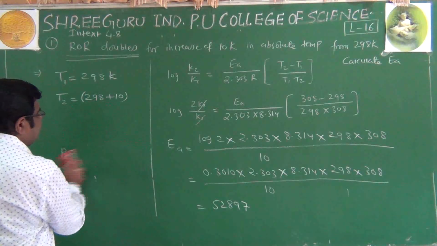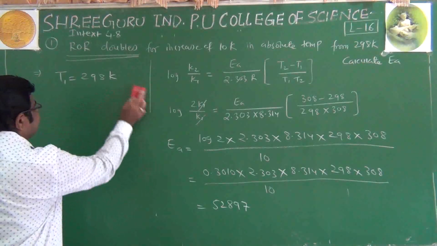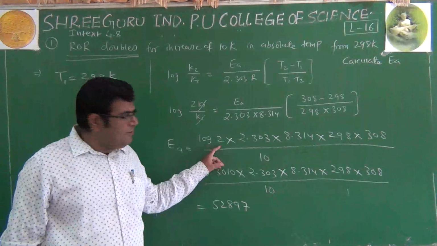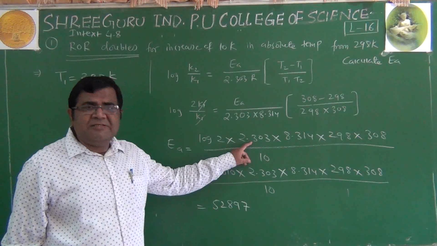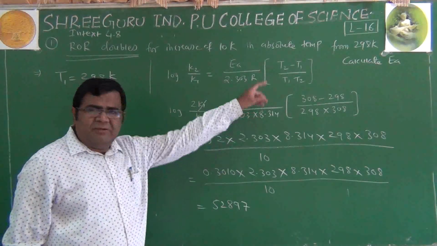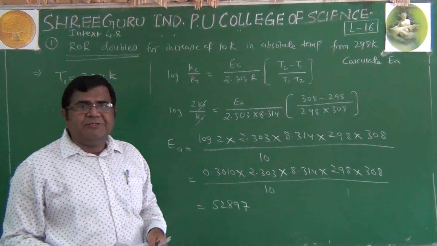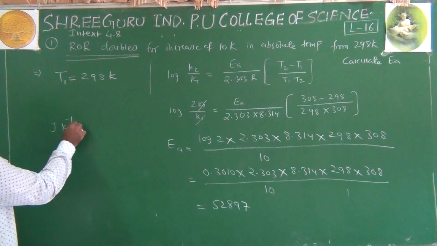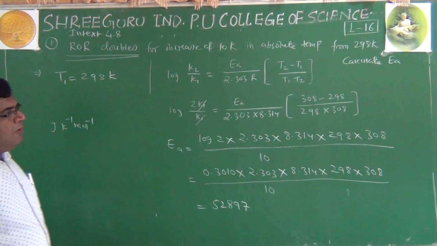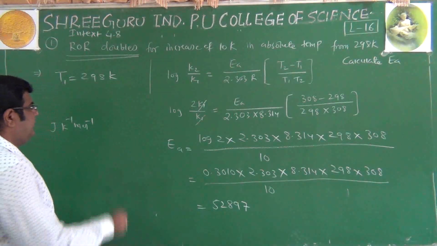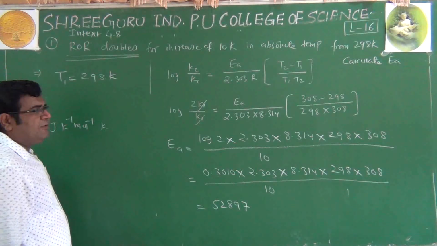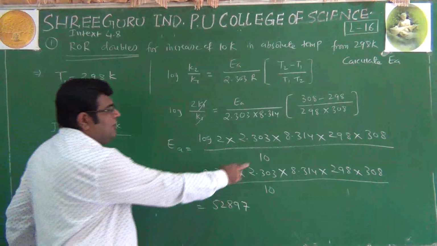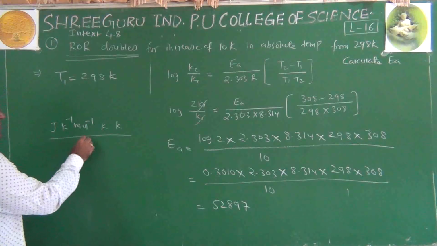Now look at the unit which we are getting here. This log 2 is a number, no unit. 2.303 is also a number, no unit. 8.314 is joules per Kelvin per mole. 298 is absolute temperature. 308 is also absolute temperature. And this divided by 10 K is also absolute temperature.